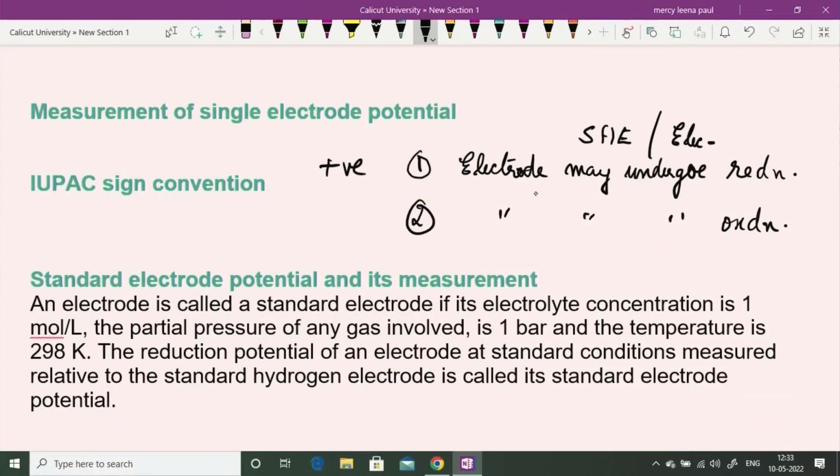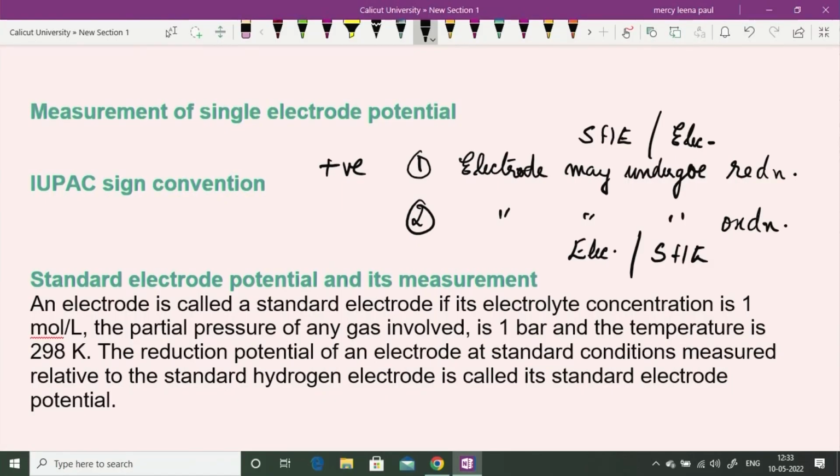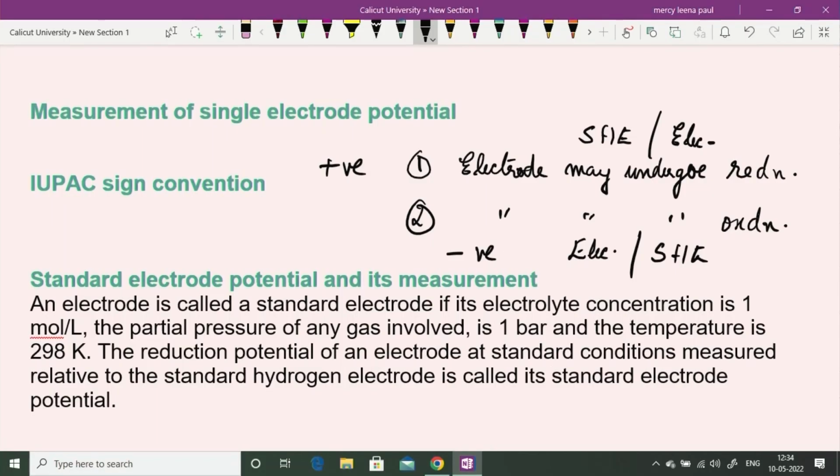Now, when the electrode connected to SHE undergoes oxidation, we put the electrode on the left hand side and SHE on the right hand side, and in this case the electrode potential is given a negative sign. So, when reduction occurs, we give a positive reduction potential, and when oxidation occurs, we give a negative reduction potential. That is all.